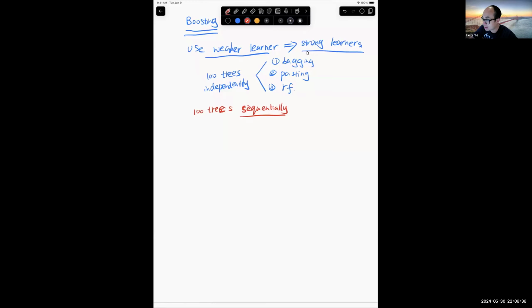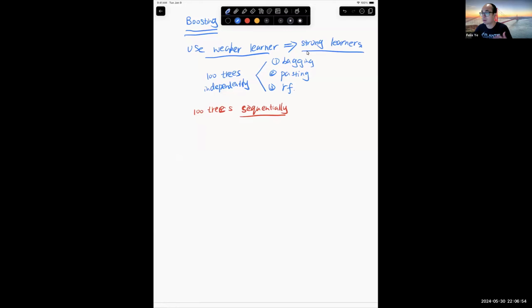Why is sequential important? Because once you create one tree, at a certain point, this tree can perform very well in certain areas, but it might not perform really well in other areas.